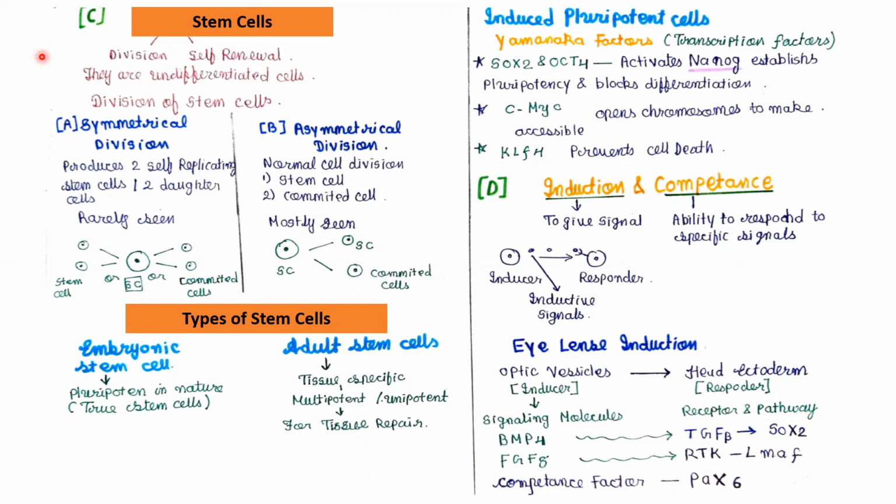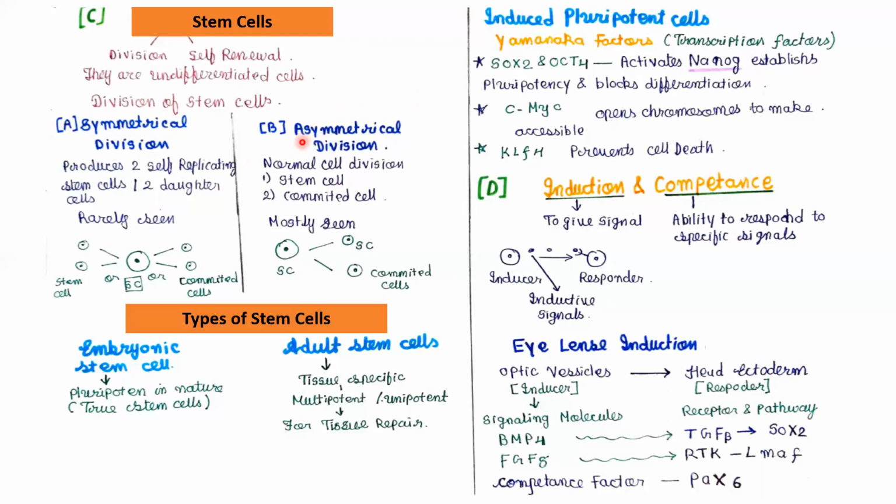This phenomenon is very rarely seen, and it results in expansion or reduction of resident stem cells. So it balances the number of stem cells in an environment. That is homeostatic.